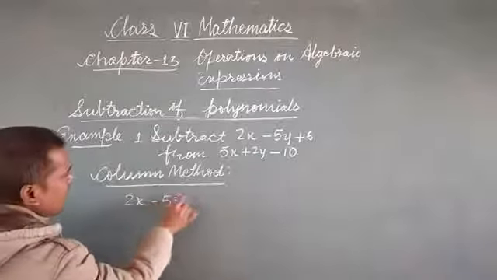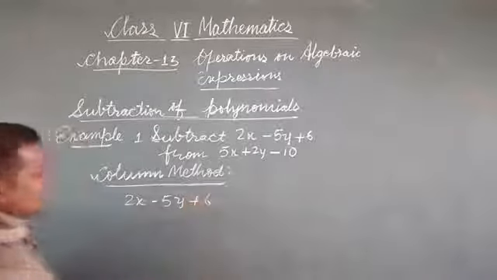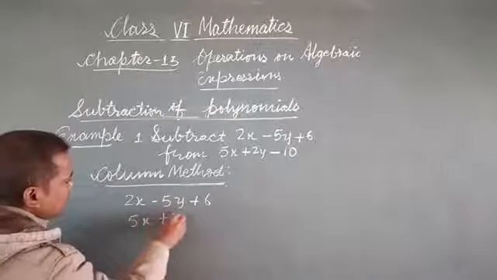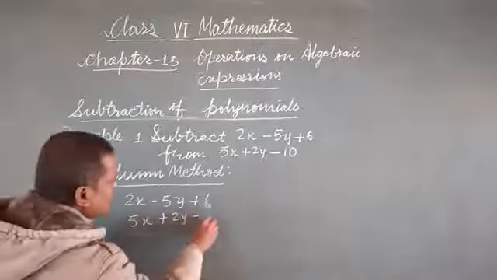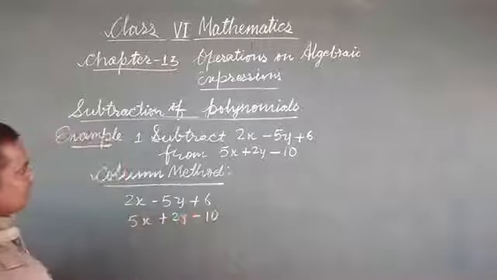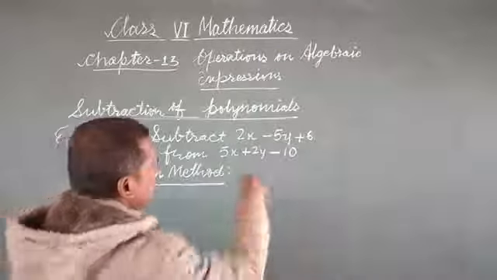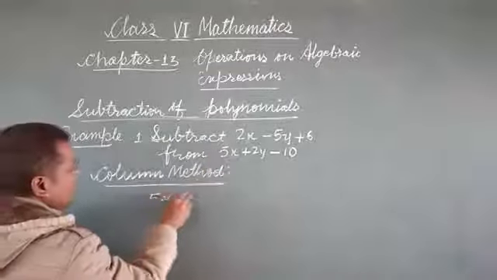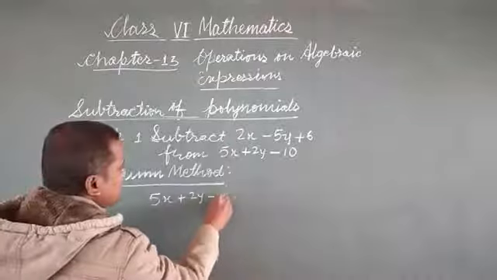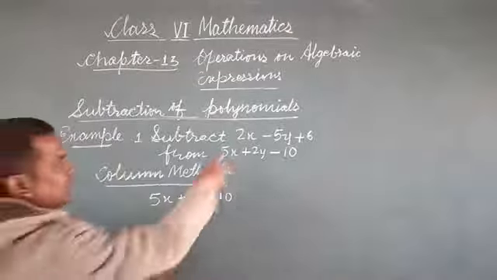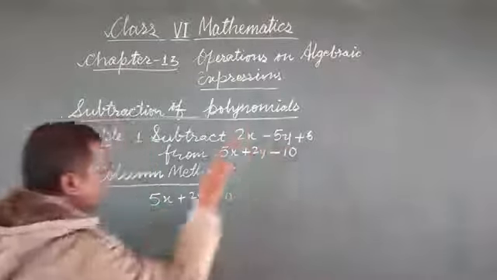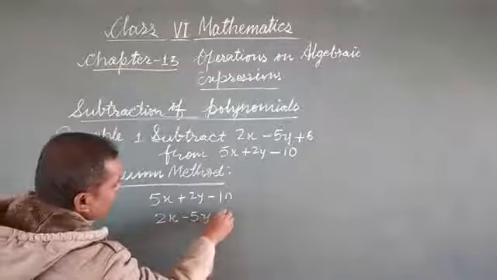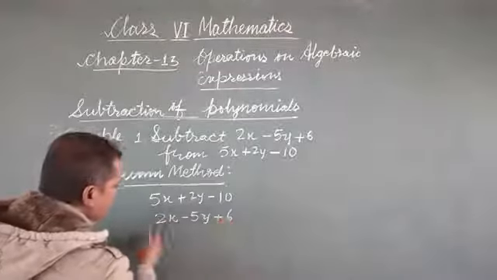Sorry, we have to subtract this one from this one. So first we will write 5x plus 2y minus 10, and then we write 2x minus 5y plus 6.